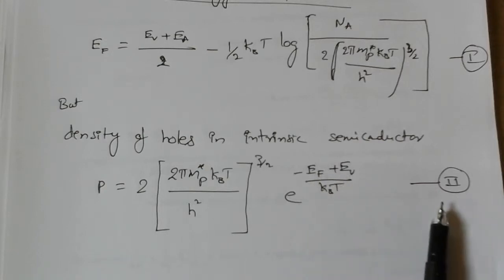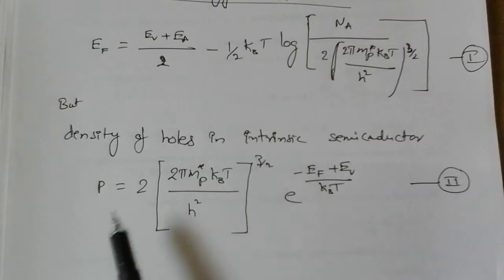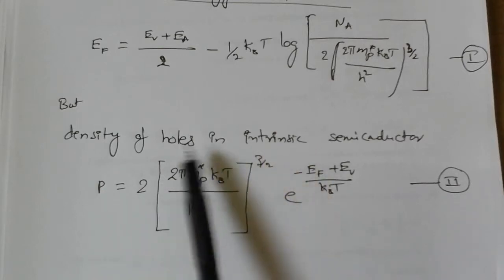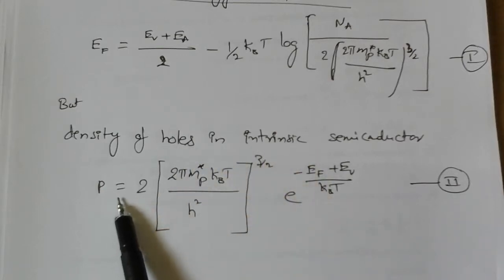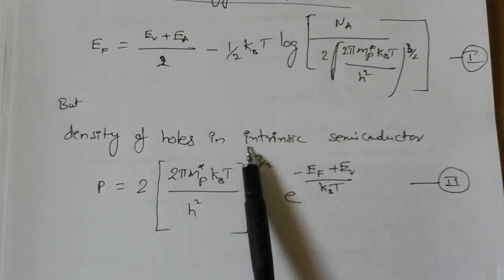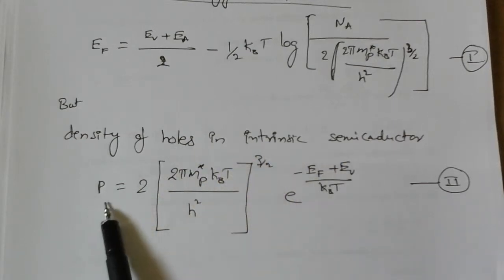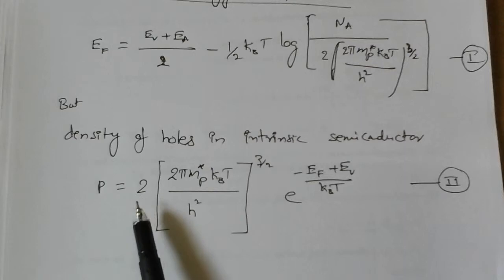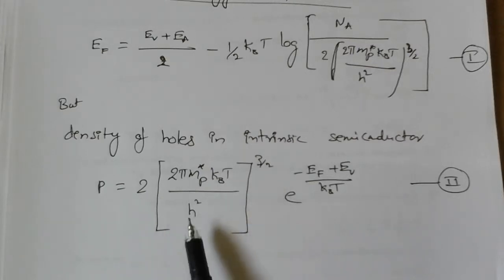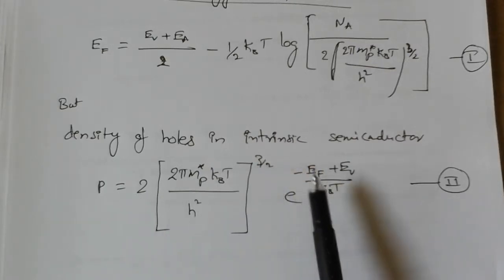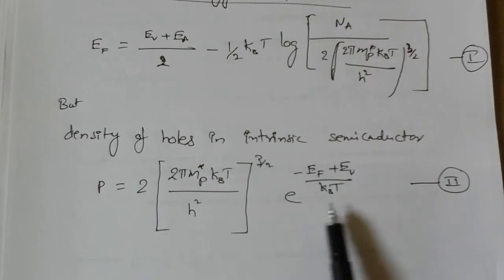It is equation number Roman 2, the intrinsic semiconductor hole carrier concentration.